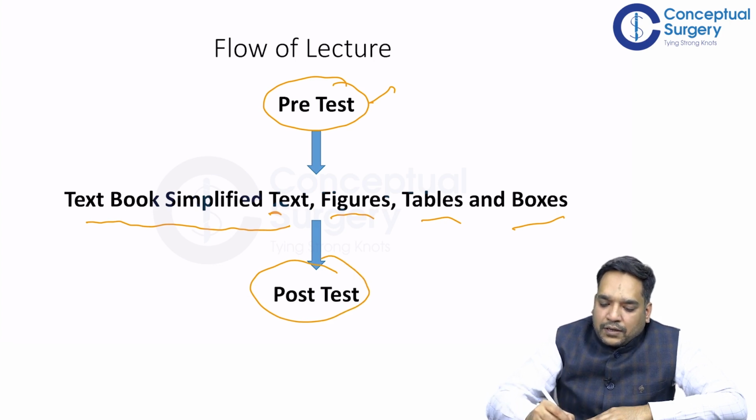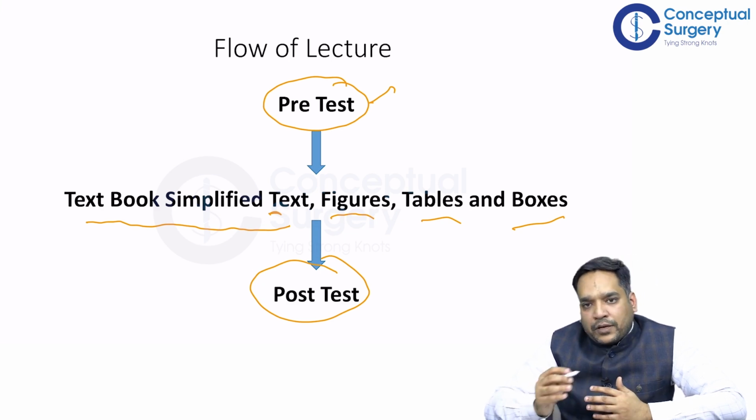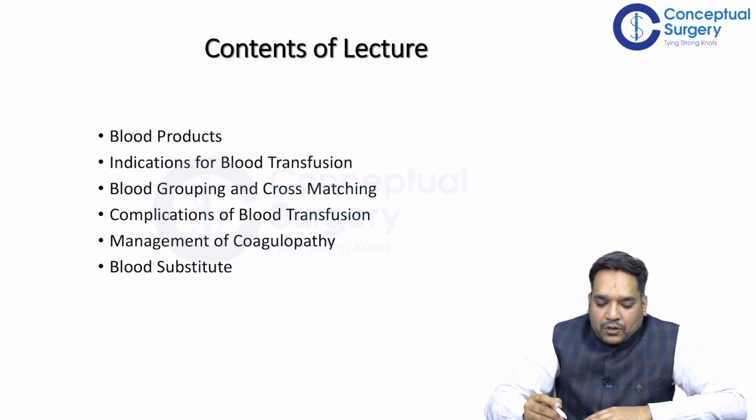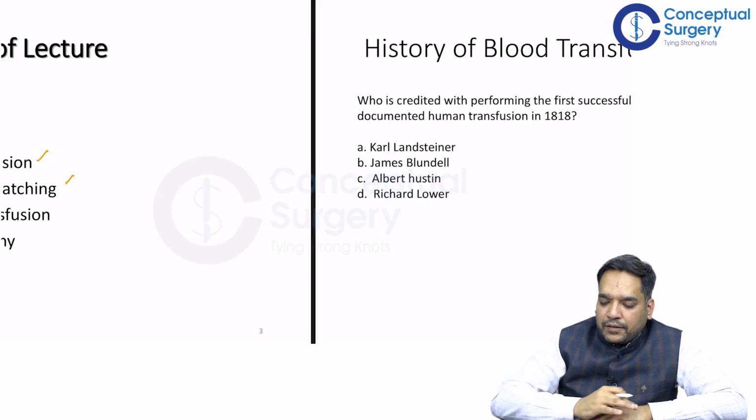The pre-test will tell you about your awareness of the subject and also keep you interested when the theory comes. So please enjoy this lecture. The contents of the lecture are blood products, indication for blood transfusion, blood grouping and cross matching, complication of blood transfusion, management of coagulopathy and blood substitute, right?